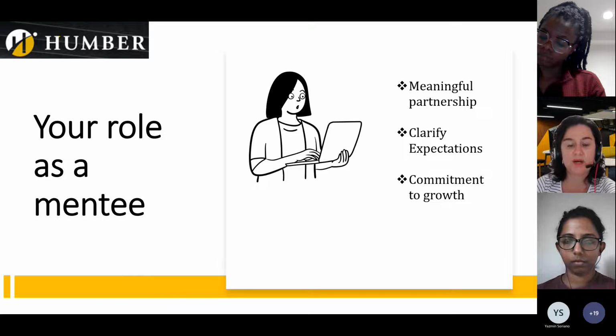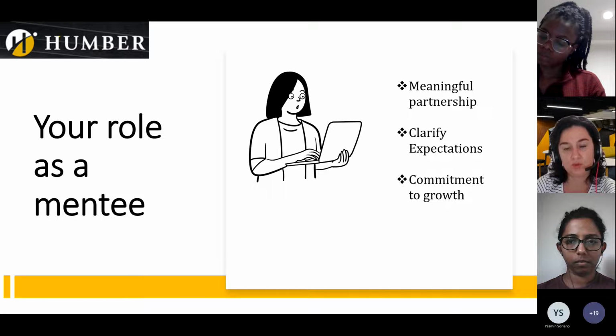At the beginning of this partnership, you must sit down and spend a little bit of time clarifying what you can legitimately expect to give and get through this mentoring program. You need to discuss with your mentor and negotiate and agree upon expectations of these partnerships.